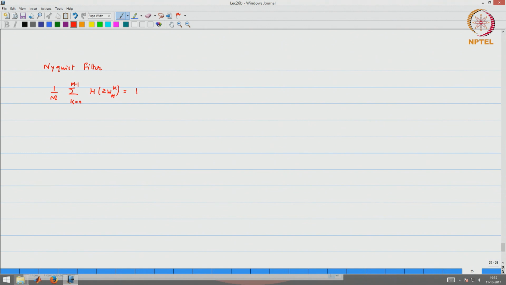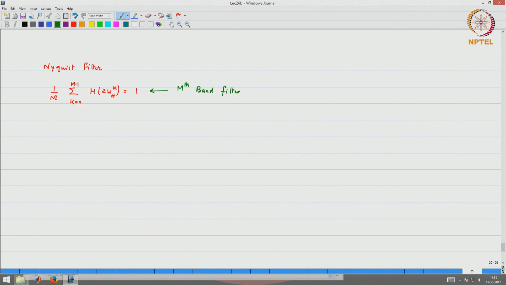Okay. This is what we refer to as the mth band property. Any filter that satisfies this condition is called an mth band filter. Now, does an mth band filter always have to be a Nyquist filter?